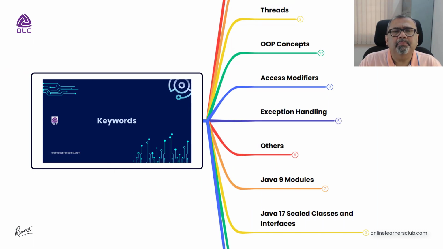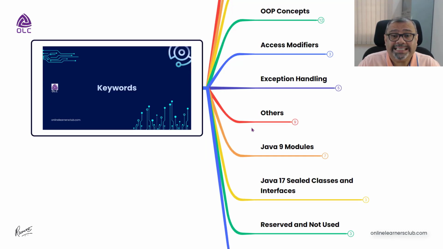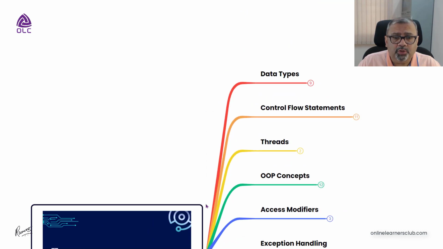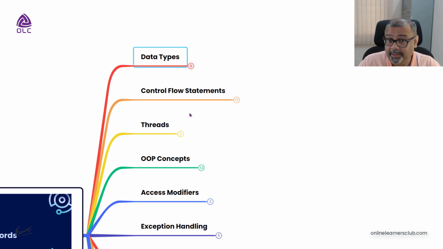Keywords are an important element of Java programming, and there are different categories of keywords which we will discuss in this particular chapter. So first and the most prominent and important keywords are data types.